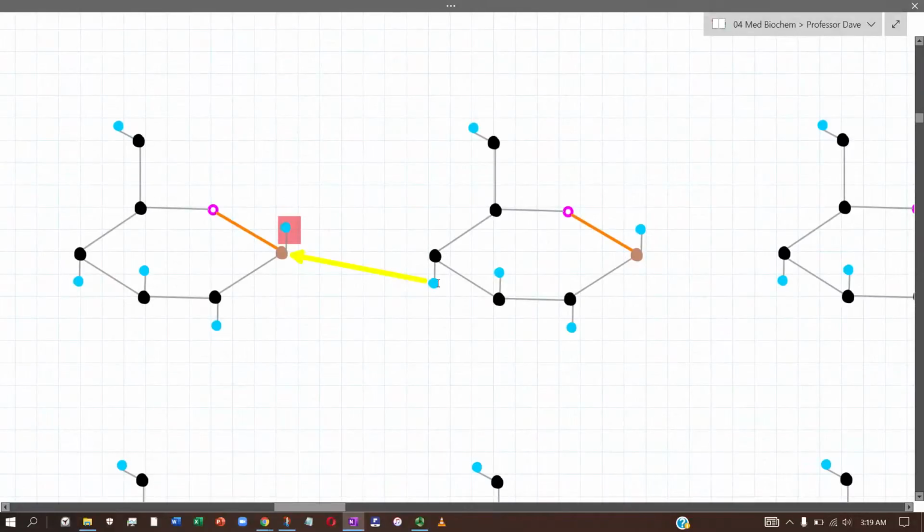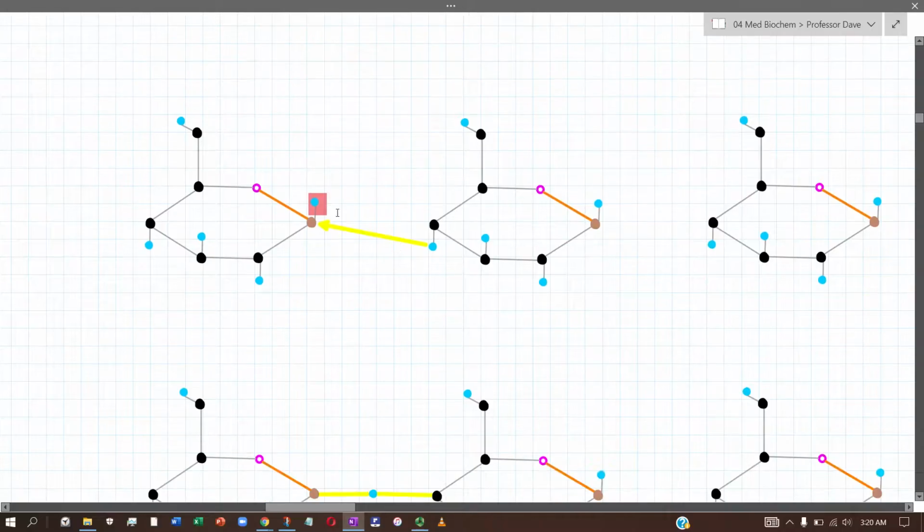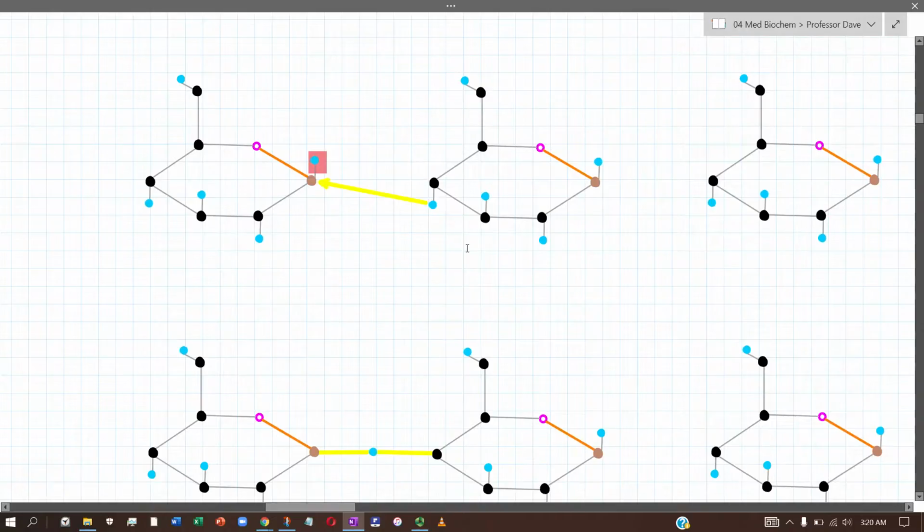So here you have this hydroxyl group on carbon number 4. This hydroxyl group on carbon 4 is going to perform some sort of chemistry on carbon number 1 of this adjacent glucose molecule. Hence, that's why you get the concept of 1,4 glycosidic linkages, because these specific hydroxyl groups are performing chemistry actions on corresponding carbons.